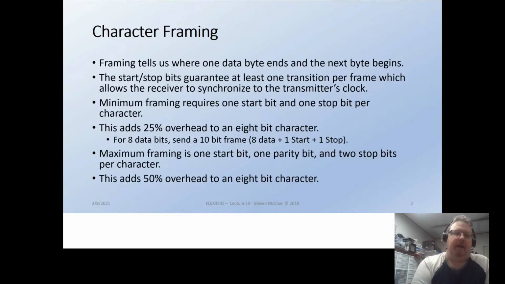And that adds a 50% overhead to an 8-bit character, which you may or may not be able to take the hit on, depending on the data you're trying to send and how fast it has to get there. If your goal is ultimate speed, then you probably don't want the parity bit. But if you can run it really slow and your goal is more to have higher reliability, then the parity bit obviously becomes a good addition.